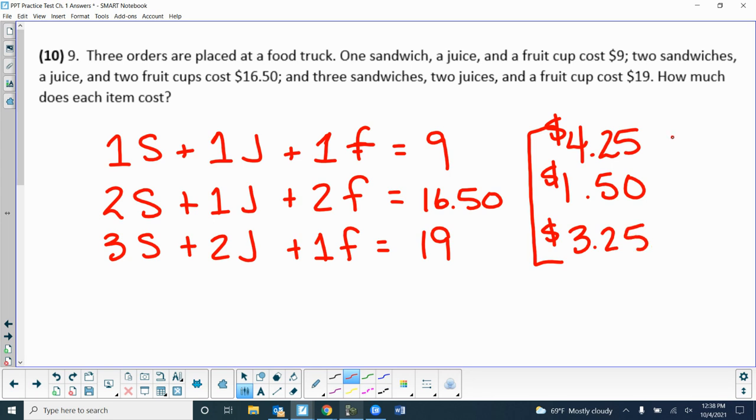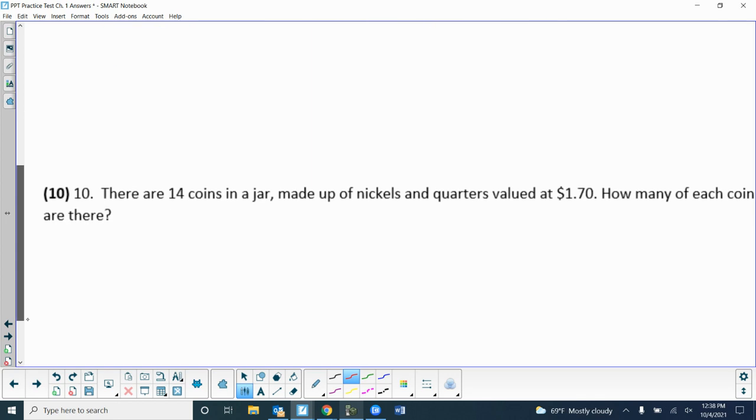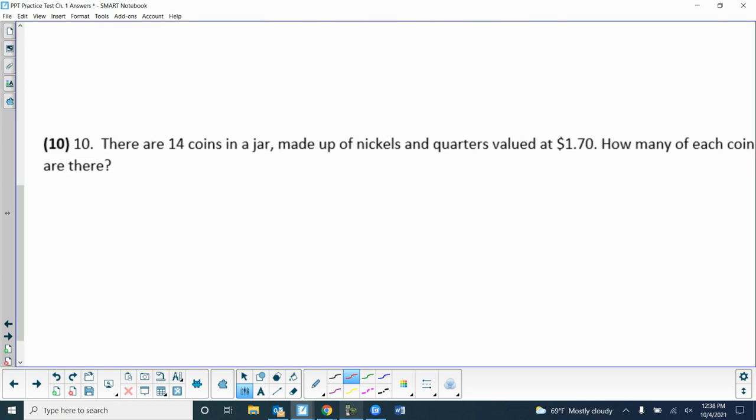All right, so this was our sandwich, this was our juice, and this was our fruit cup. All right. And the last one is only 2 things we're looking for, right? We got nickels and quarters this time. So the number of nickels plus the number of quarters is how much? 14 coins, right?